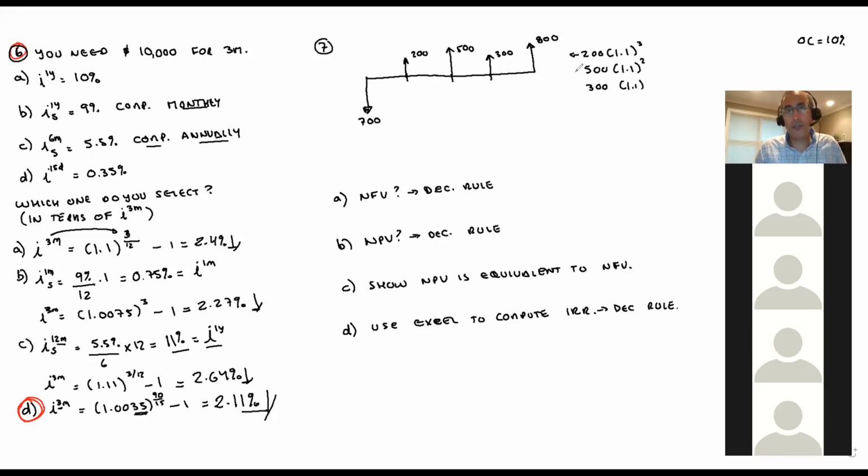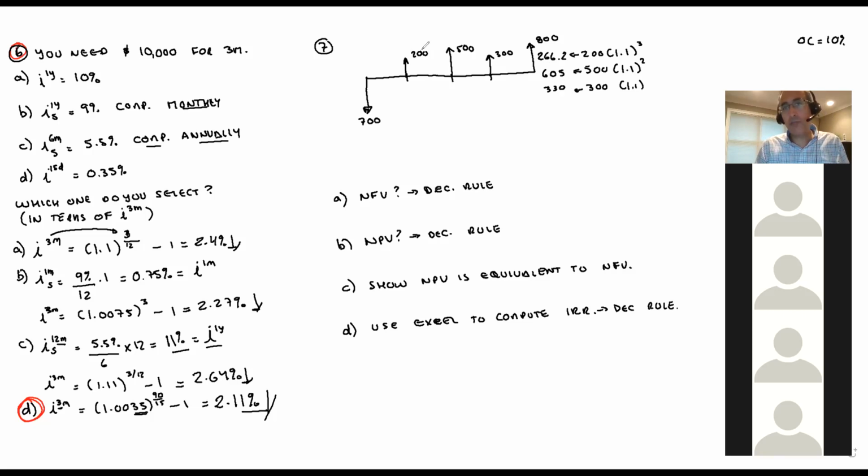So these values are going to be, let me see, 200 times 1.1 power 3. This one here, please you check, okay? This is 266.2. 500 times 1.1 power 2. This is 605. And 300 times 1.1, this is 330.